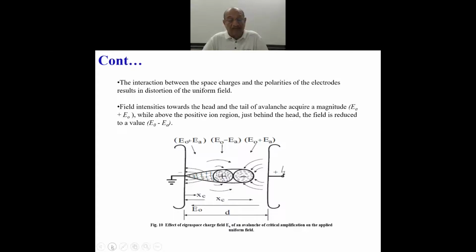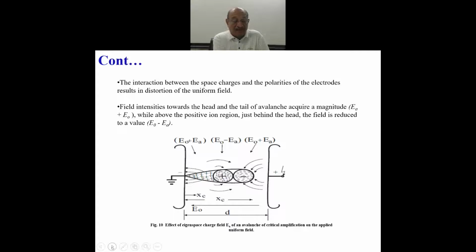That means it renders the field between the two electrodes non-uniform. And that is the basic difference between the two mechanisms we are talking about, the Townsend and Raether mechanisms. Townsend did not experiment for very long gap distances, which Raether accomplished, wondering about the situation after the measurement of the total time required for breakdown.